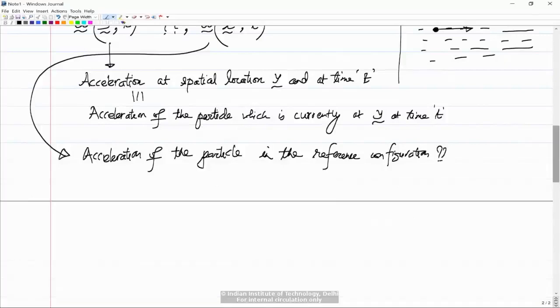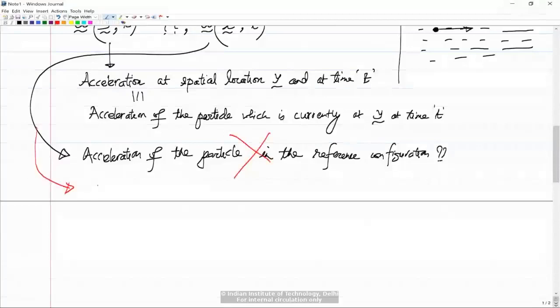So what does it mean then? It means acceleration of the particle. See, acceleration and velocity always have to be in the current position, not in the reference configuration. So acceleration of the particle in the current position, but of what? Of which particle? So this is of course not correct, but then what is correct?